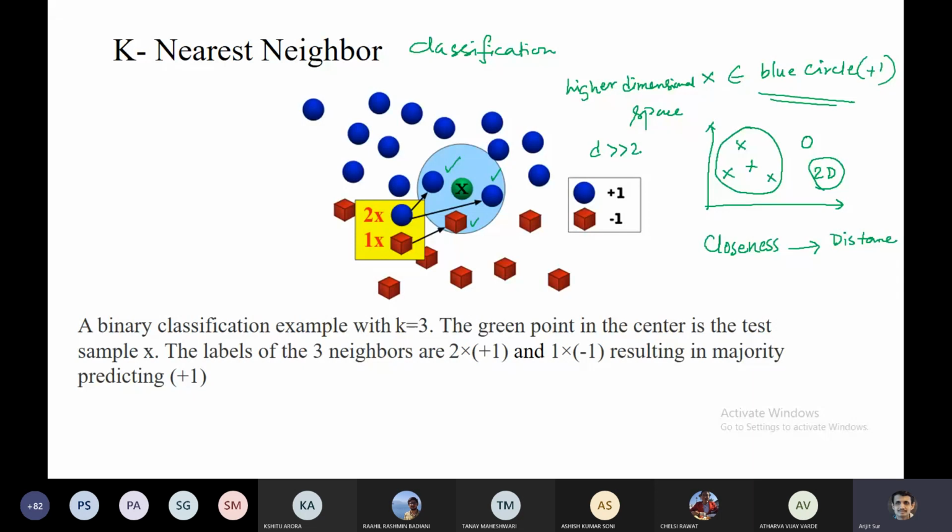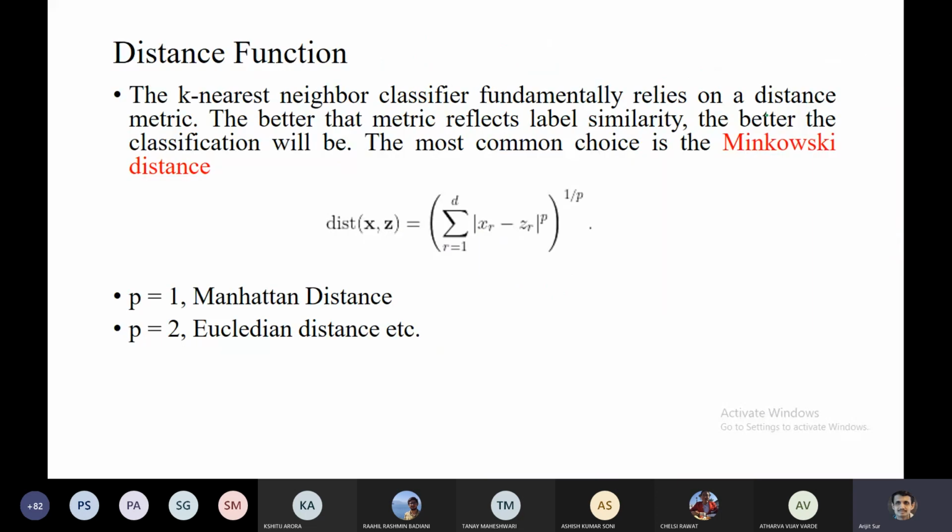So in this higher dimensional space, you have to find a proper distance measure. Here, a Euclidean distance kind of thing, you can do that. So the distance function is playing a very crucial role here, so we have to define a distance properly.